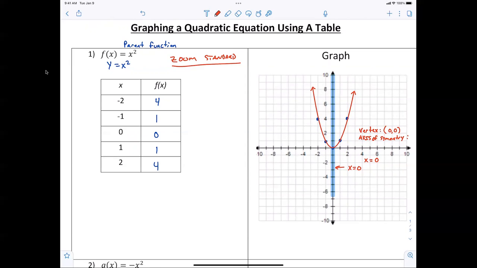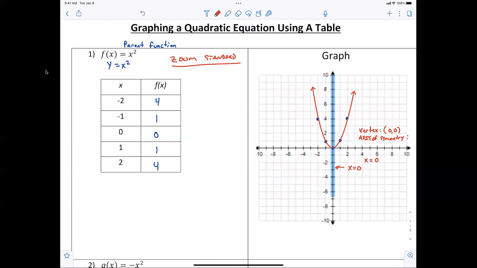Now what I want you to do is, I personally like to put the numbers in myself. So I want everybody to hit their table set. So you have to hit second, and then the table set is right above the window. Right above window. You want to hit that, and then you want your independent to be on ask.